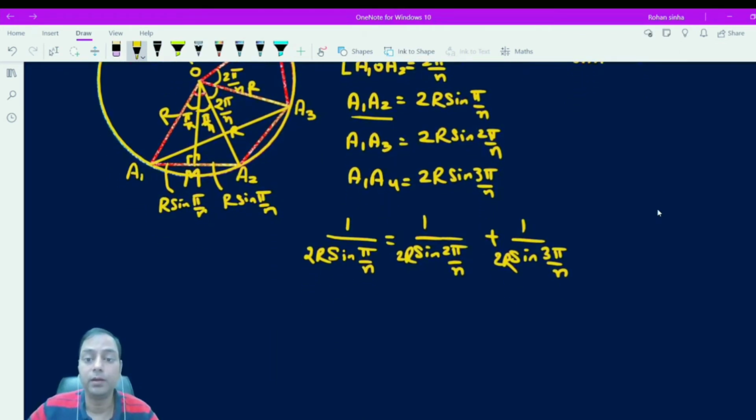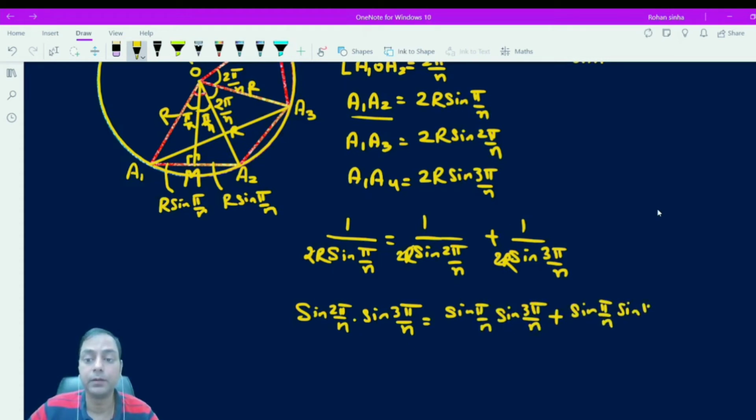Now solving, what do we find? This 2R will get cancelled. So this is equal to sine 2 pi upon n into sine 3 pi upon n is equal to sine pi by n into sine 3 pi by n plus sine pi by n into sine 2 pi upon n.